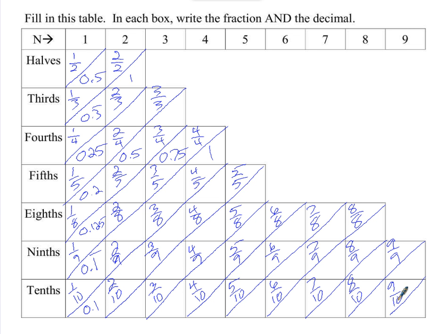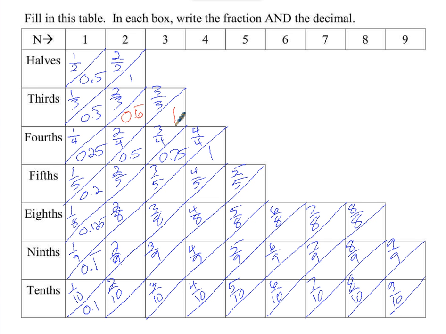Okay. All right, let's go through and do the decimals now. Let's go back to thirds. If 1/3 is 0.3 repeating, then 2/3 will be 0.6 repeating. And 3/3 would be 1. I'm going to come back to that in a minute. Fourths, we already did.